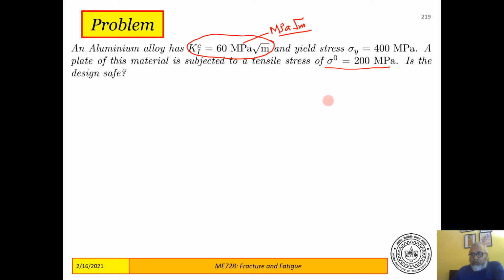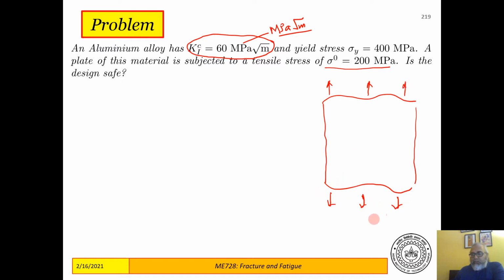Okay, so you have this plate and you have a tensile stress which is sigma naught equal to 200 MPa applied on it.